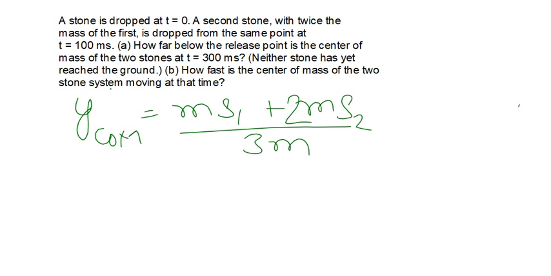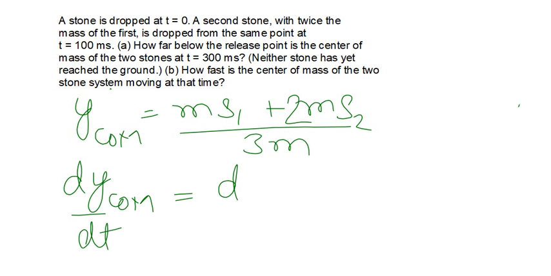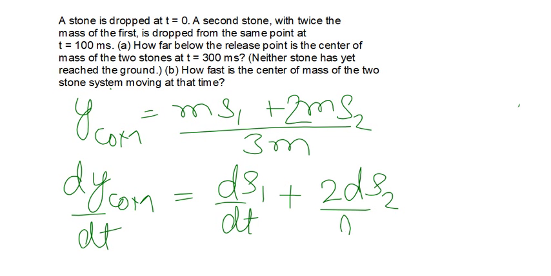Now if I differentiate this, I'll get d y com by dt equal to, m gets cancelled on the right hand side, ds1 by dt plus 2 ds2 by dt divided by 3.